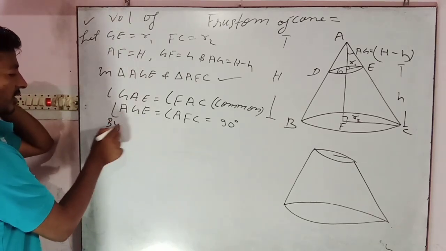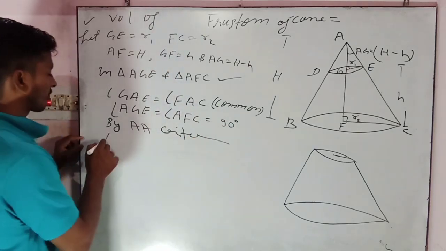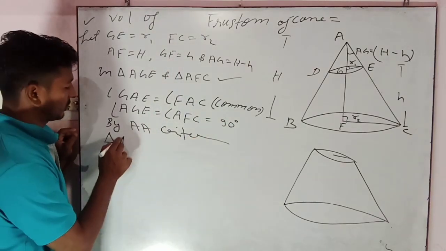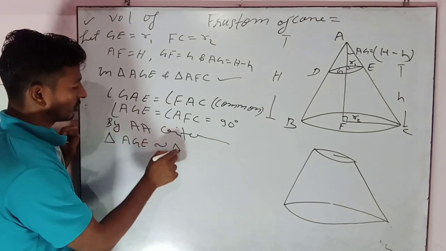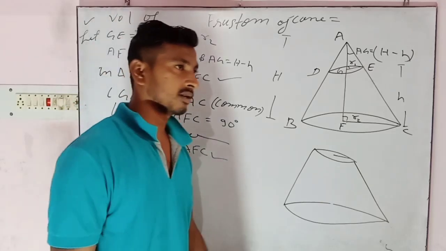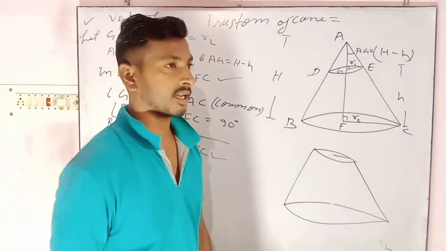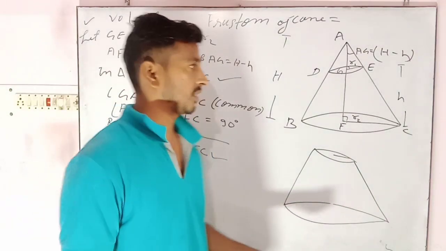So we can say by AA criteria, triangle AGE is similar to triangle AFC, and we know that in similar triangles the ratio of corresponding sides are equal.